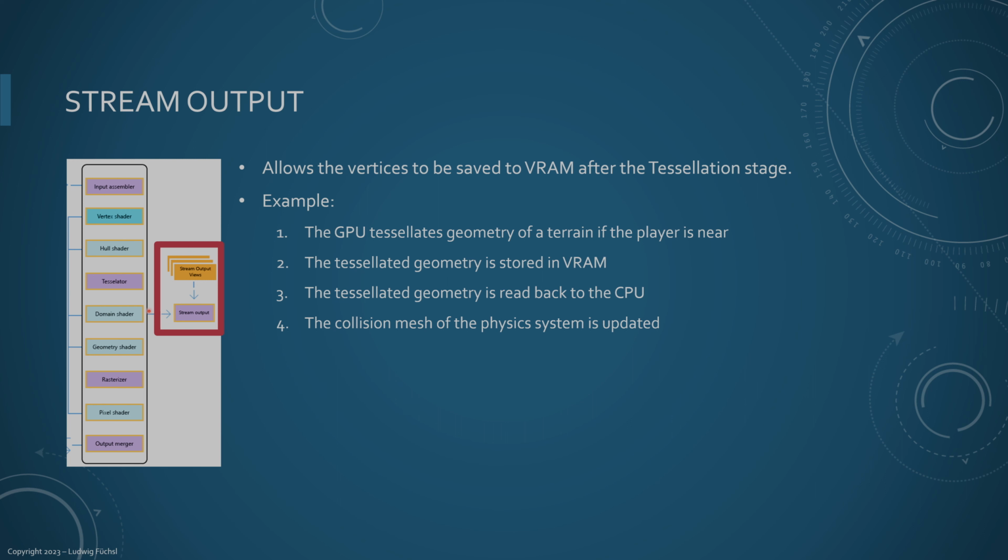We are then storing the tessellated geometry into VRAM, and we can load it back on the CPU by copying it from VRAM to the system RAM, and then we can use this to update a collision mesh, so that the engine is aware that the terrain has been deformed. So we can then use and abuse the tessellated geometry on the CPU.